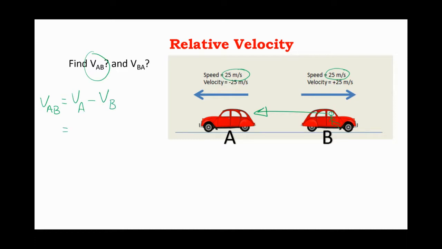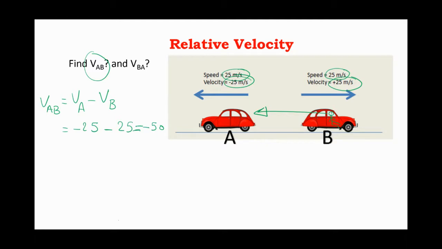And take care that we are dealing with velocities, not speeds. Velocity, not speed, so we need direction. The first velocity is 25, and the other one is negative 25. So VA equals negative 25 minus VB, which is 25, so the result is negative 50.